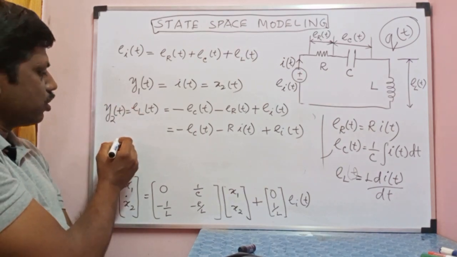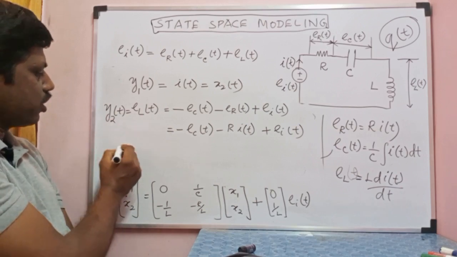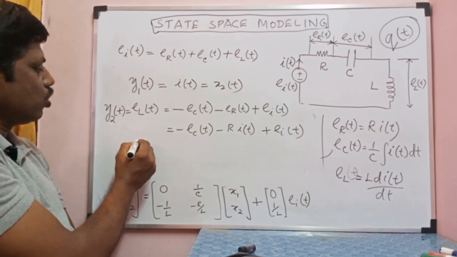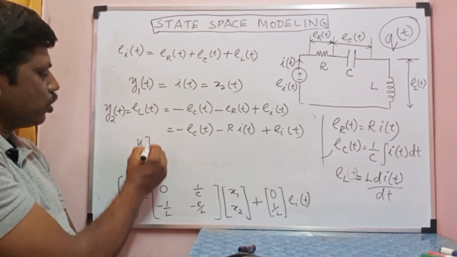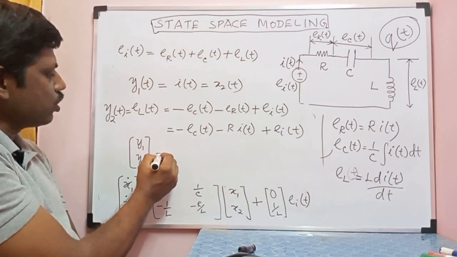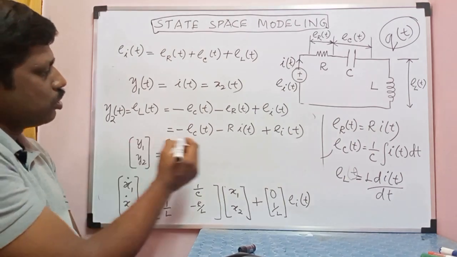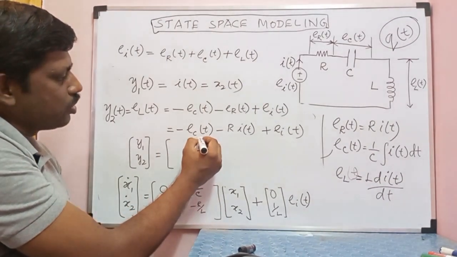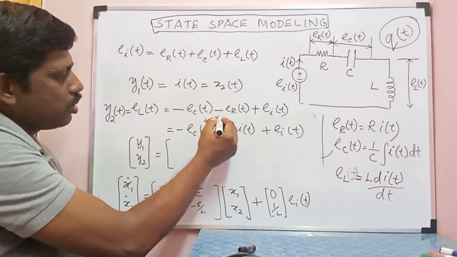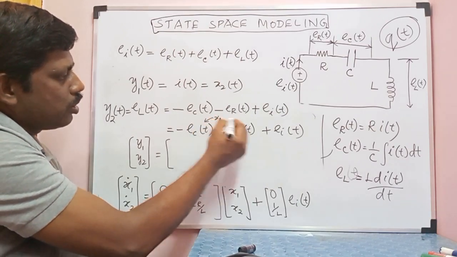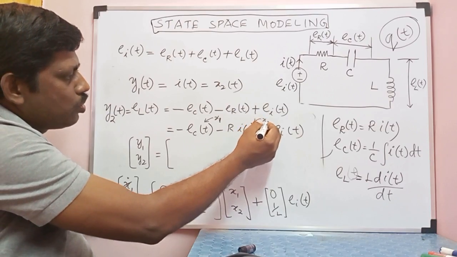So can I write this in matrix form? y1 y2 is equal to, so please note that this is x1, this is x2.